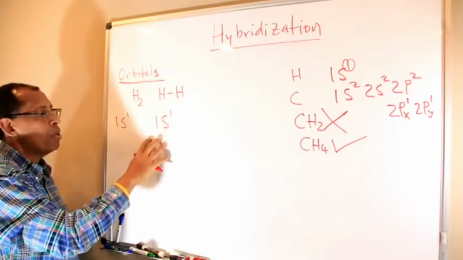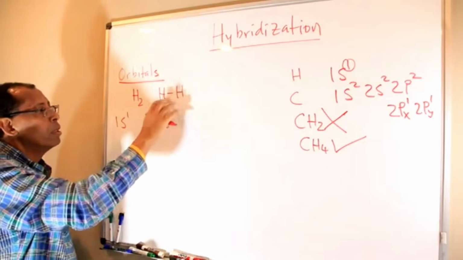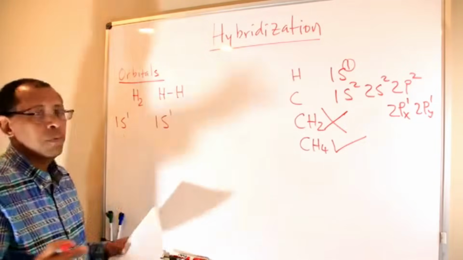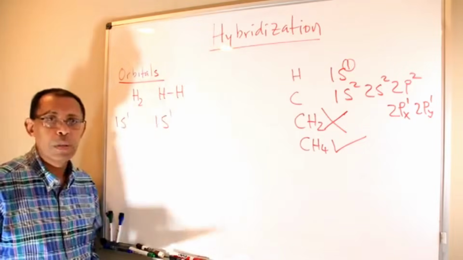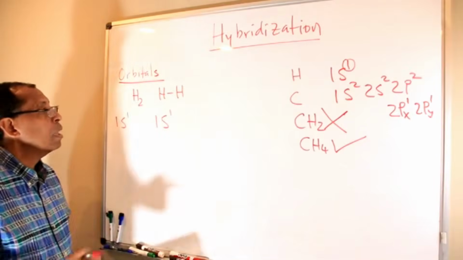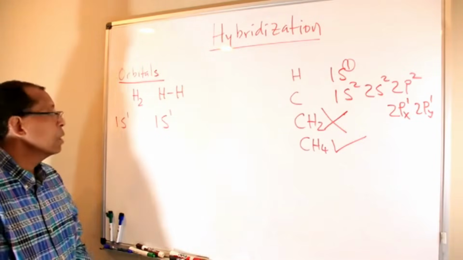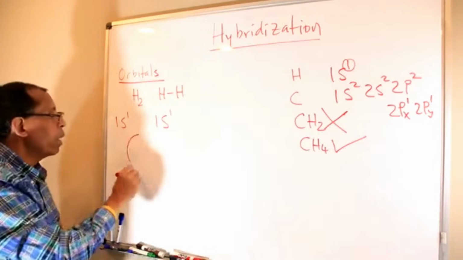They overlap and make the covalent bond by sharing these two electrons. So they make a sigma bond because this is made from s electrons.